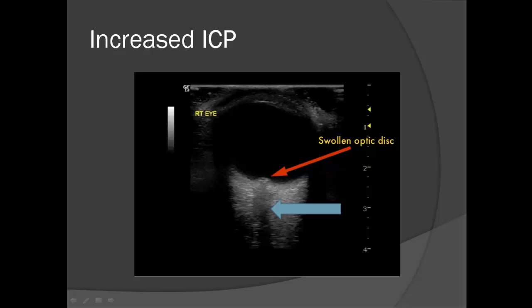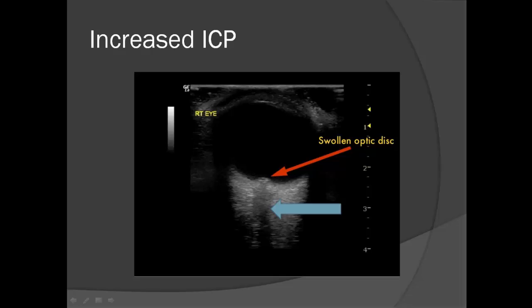Here's actually a good picture of a swollen optic disc along with a view of the optic sheath. You can see that the optic sheath is this hypoechoic region towards the posterior segment of the eye that's surrounded by a more hyperechoic area of tissue. You want to measure the diameter using the calipers on the ultrasound machine to see how wide it is.